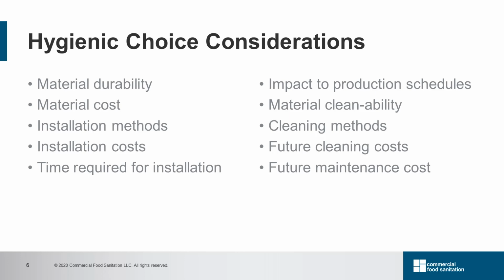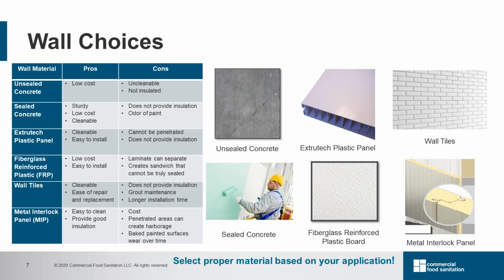Here is a list of hygienic choice considerations that may guide you through the selection process: material durability, material cost, installation methods, installation costs, time required for installation, impact to production schedules, material cleanability, cleaning methods, future cleaning costs, and future maintenance costs.